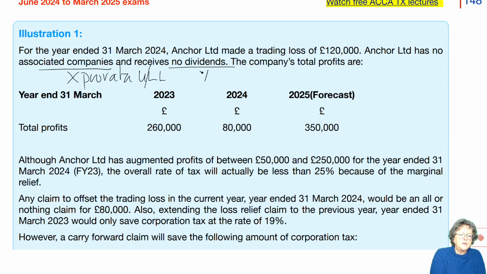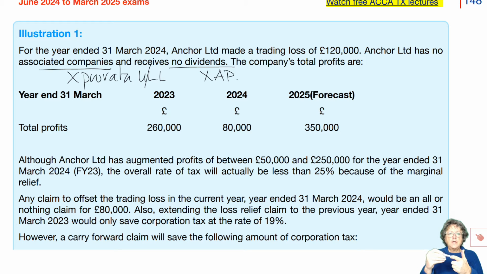No dividends means we don't have to do augmented profits. They're not going to give you dividends, augmented profits, associated companies, short period of account, and losses together. They're going to divide the topics up.